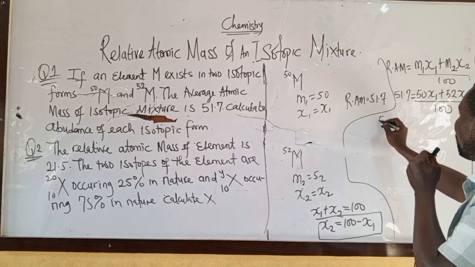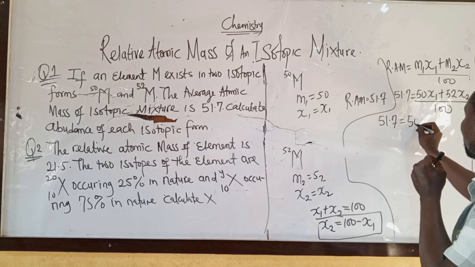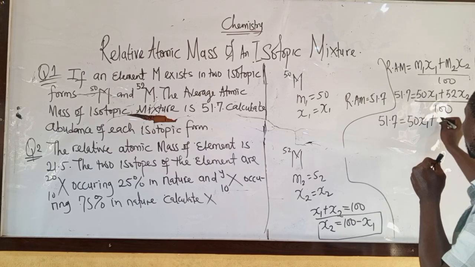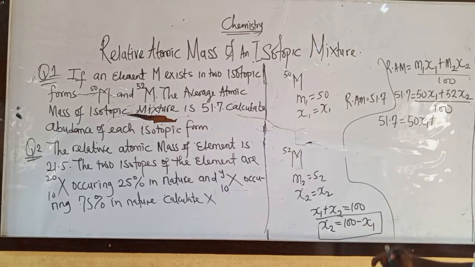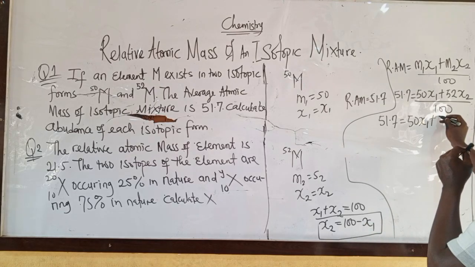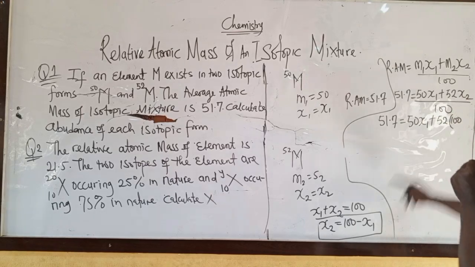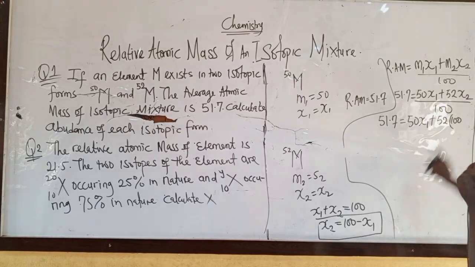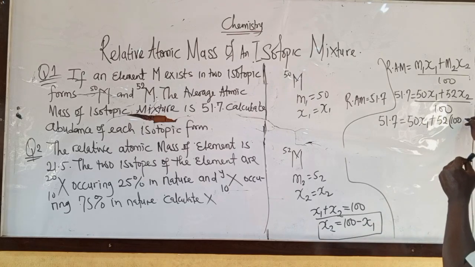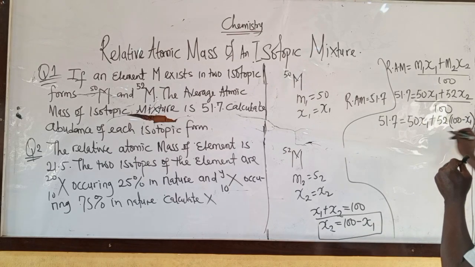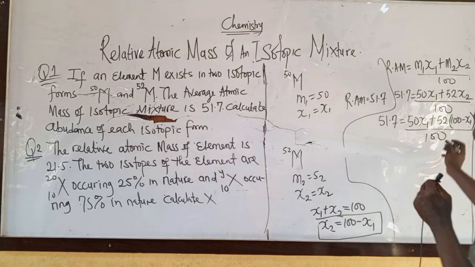Then I have 51.7 equal to 50 times x1 plus, and what did I say from here? x2 is 100 minus x1. Everywhere I see x2, I've changed it to 100 minus x1, everything over 100. Take note. Cross multiply.